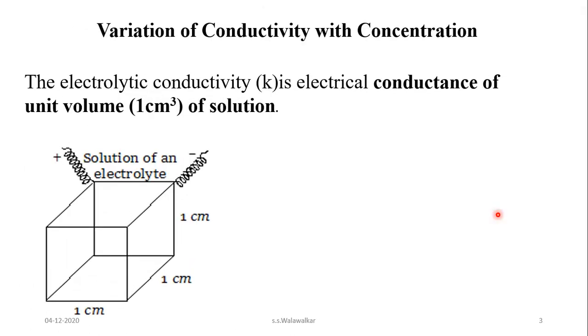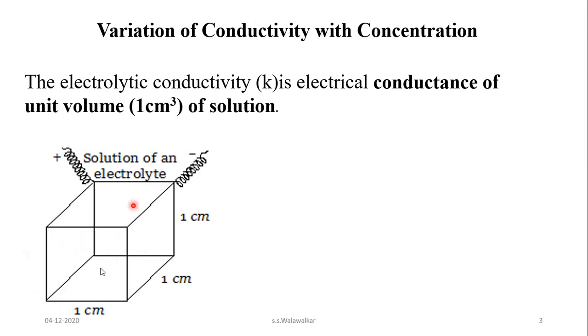So conductivity, electrolytic conductivity, is the electrical conductance of unit volume of solution, that we have studied in the last two lectures. Suppose these are two electrodes immersed in an electrolyte and connected to the positive and negative terminals of the battery, separated by a distance of 1 centimeter, and the area of cross section of each electrode is 1 centimeter square.